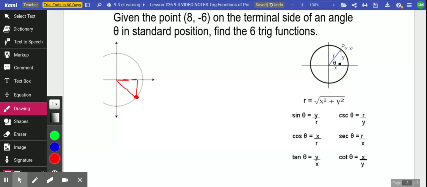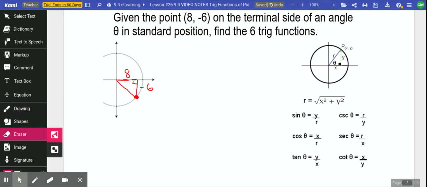So we have our x value here, which is 8. And then we went down 6. So that's a -6. -6 is really weird for the side of a triangle, but we need to get our signs on track. So I like to just put -6 there, even though we know the side of a triangle cannot be negative. That's the right angle. That makes the radius of the circle r equal to the square root of x squared plus y squared, or just think regular old Pythagorean theorem, no big deal.